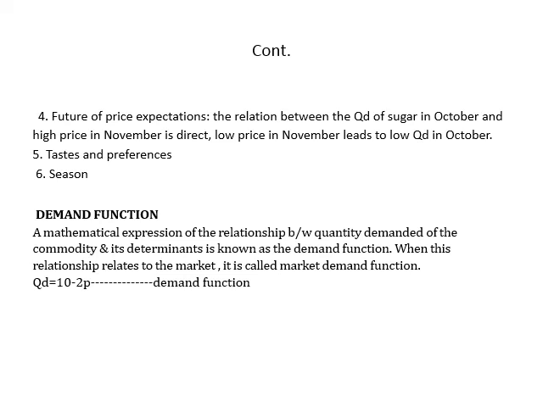There are other determinants, more than one. For example, the community of consumers: one consumer demands 1 unit, 2 consumers demand 2 units, 3 consumers demand 3 units, etc. More consumers, more quantity demanded.